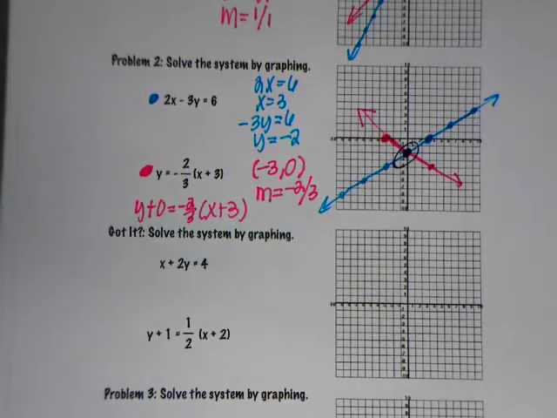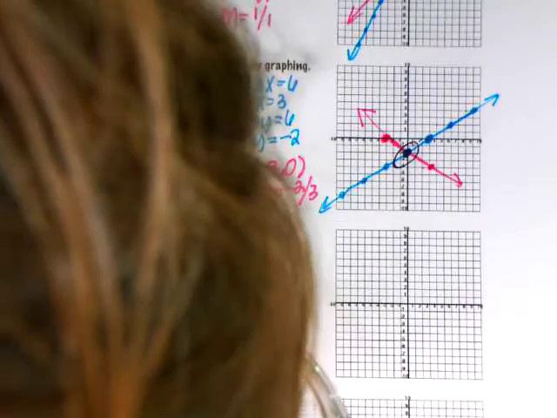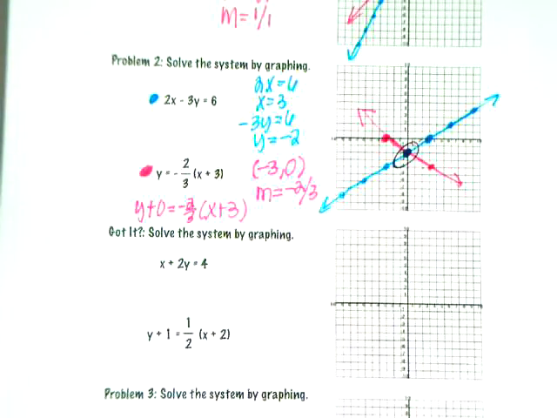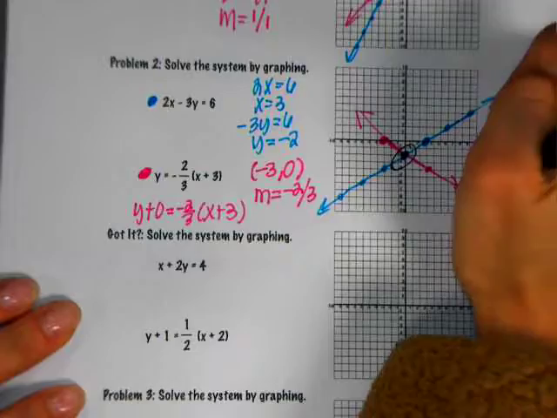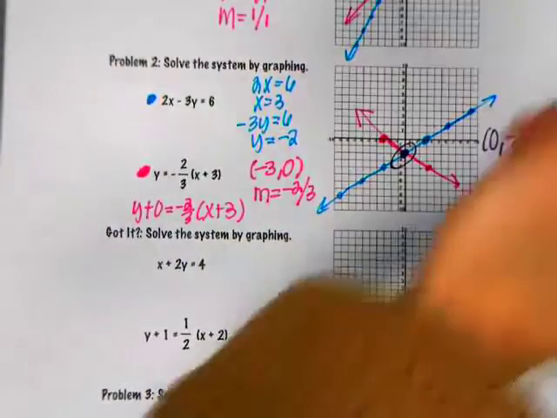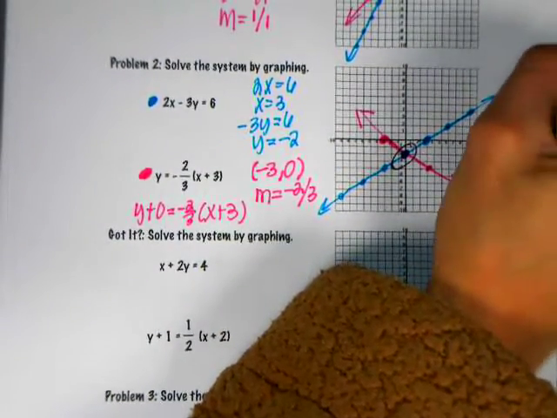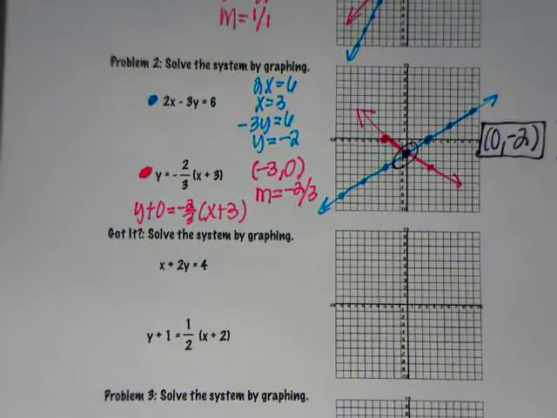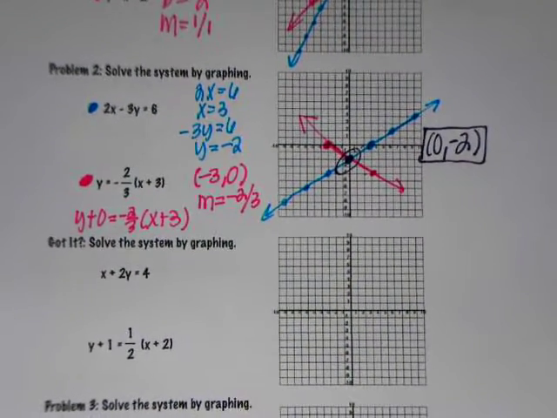Good? Did you flip the negative 3, 0? Yeah. All right, let's work on the next one.